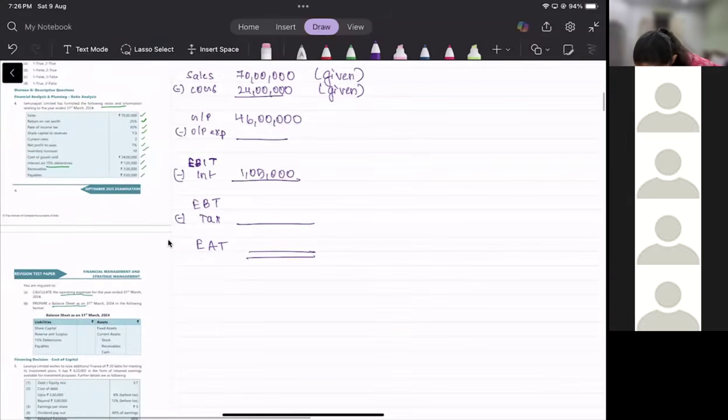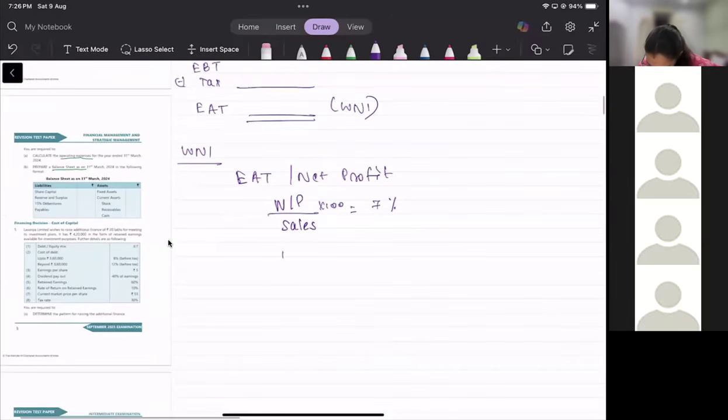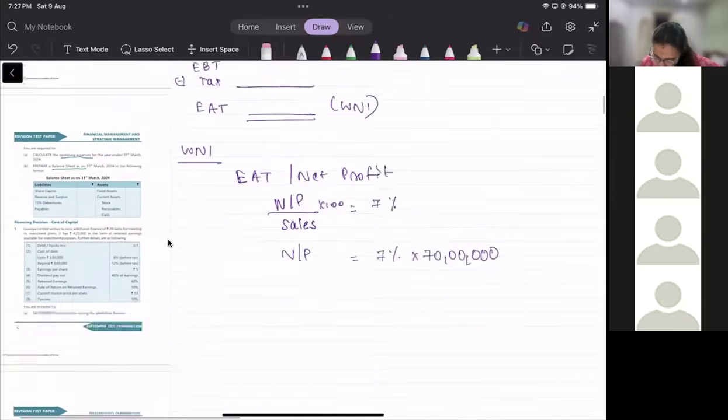So for this, we are going to write our working note. Earnings after tax or net profit. How will you find out? Net profit by sales into 100 is given as 7%. So net profit is equal to 7% of 70 lakh, correct?